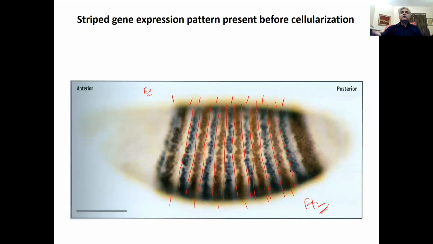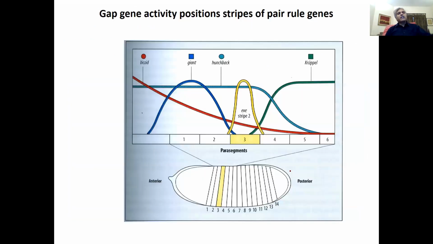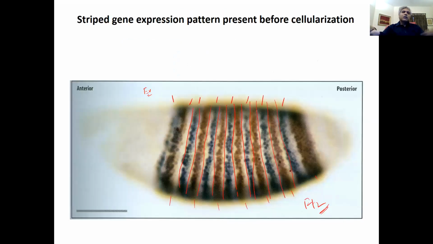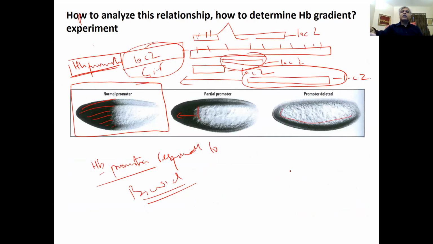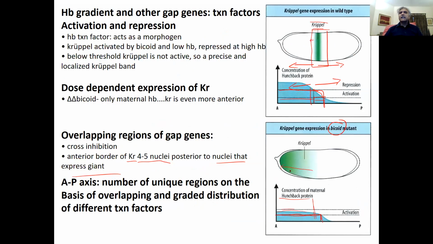So let's understand the gap gene activity, because it's getting complicated now. We said we'll look at expression of gap genes, maternal effect genes and pair rule genes in the context of development. We were wondering how discrete stripes of gene expression are formed.